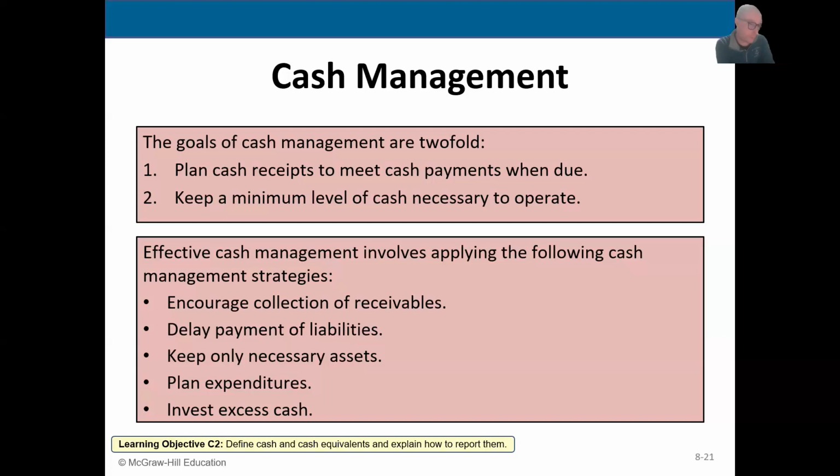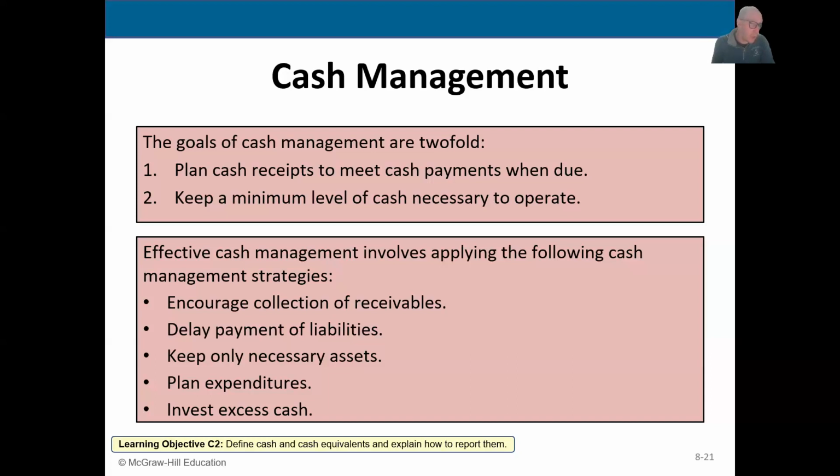Just so you know. Number 2 is keep a minimum level of cash necessary to operate. The treasurer is typically responsible for this in a business. If your company doesn't have a treasurer, your financial controller, your accountant, someone in that area is responsible for it.